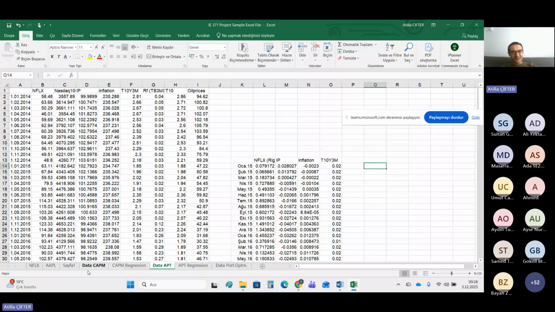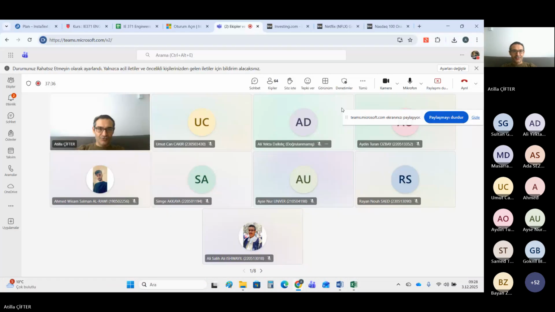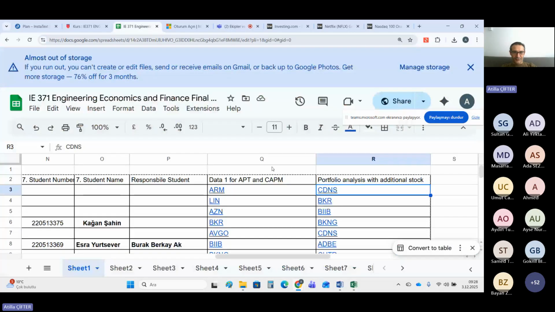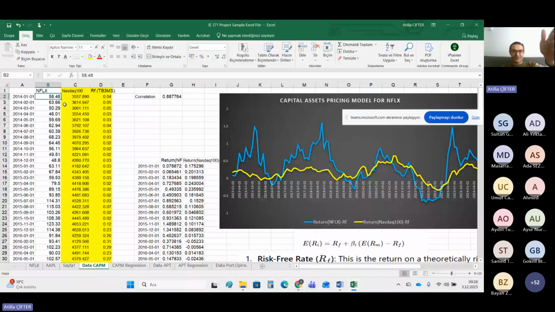When you paste your own stock, for instance, for other students here, we have ARM as the first stock. So for this group, they will just put ARM. I will provide Nasdaq and Treasury bill, which is the updated risk-free rate values. You will paste these variables as well. Then you will have this.